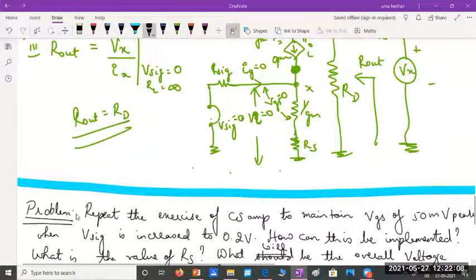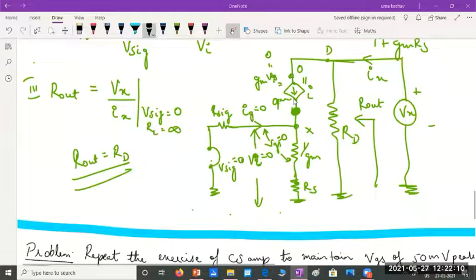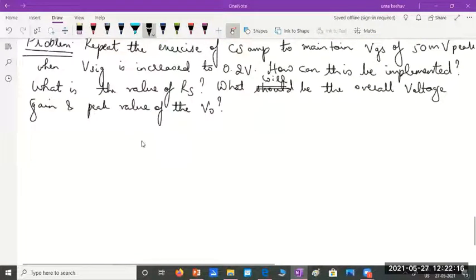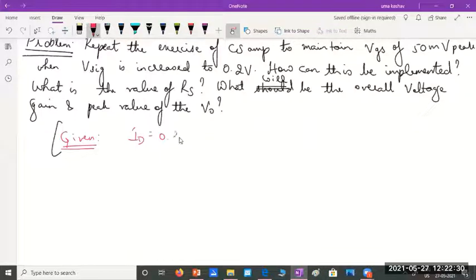So all this we have done. Let us continue with this problem. Just to give you the values from the previous problem, ID was given as 0.25 milliamps. If you have the previous problem, you can take it out and see.